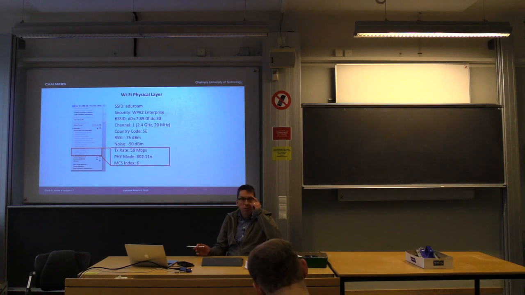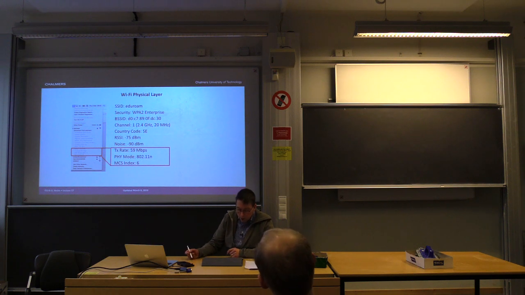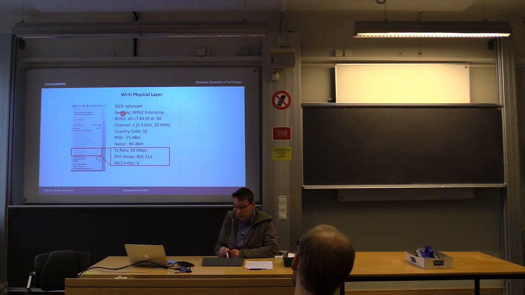So if you remember, we talked a little bit about the screenshot of my laptop a few years back. And here there was information about the network, the SSID, the type of security which is used on this. We briefly touched on that today.